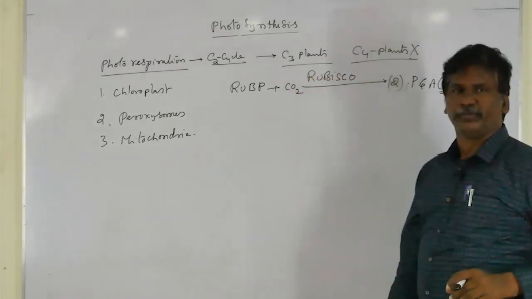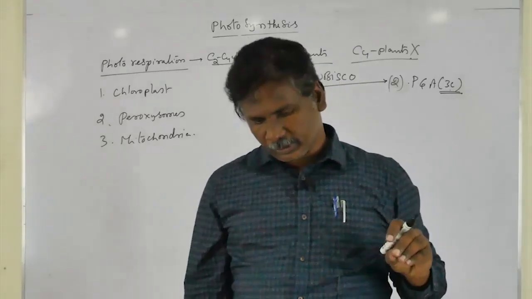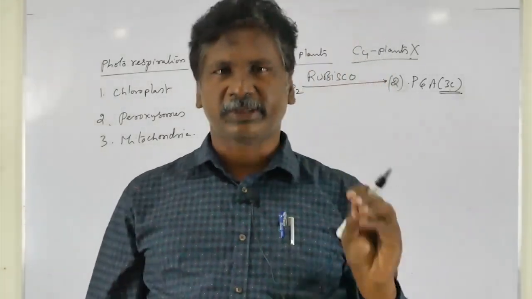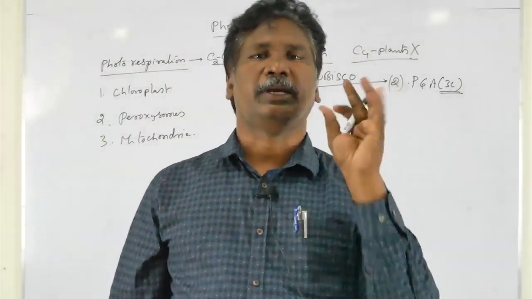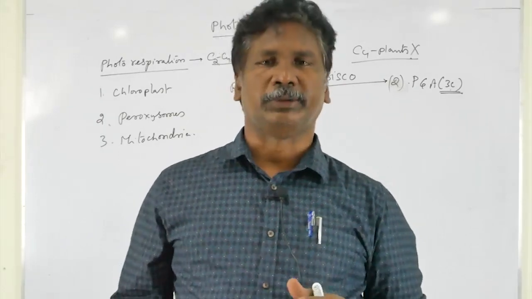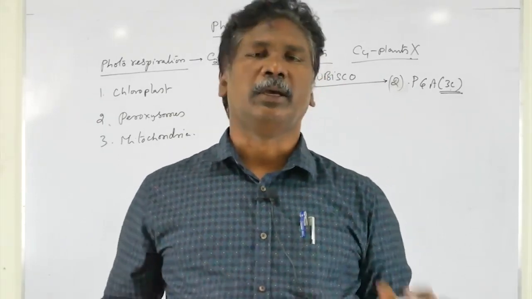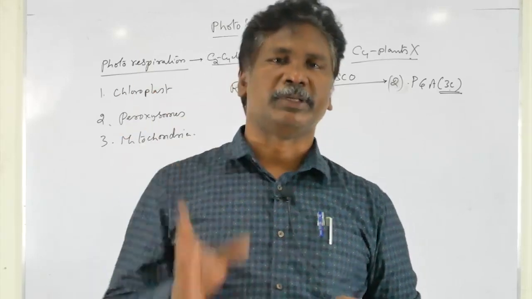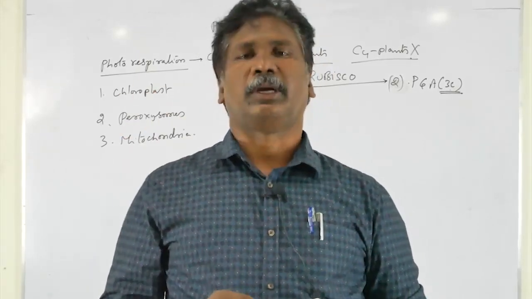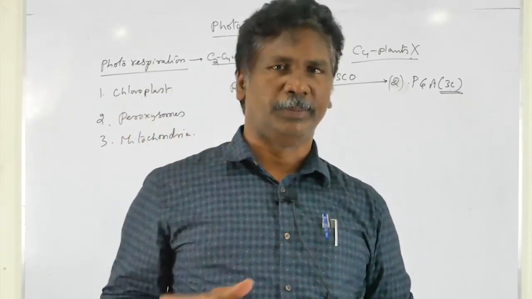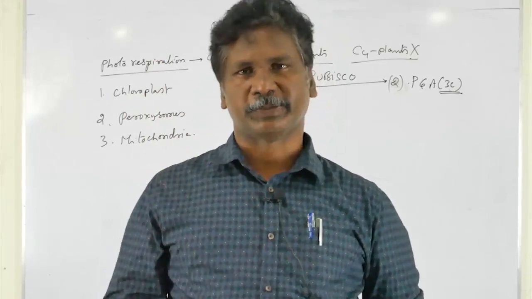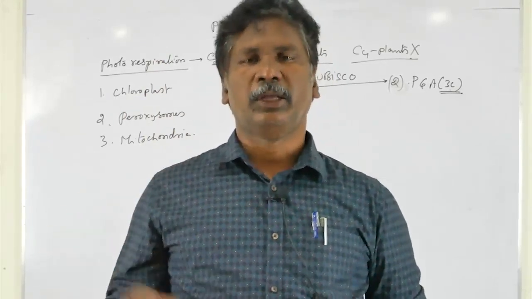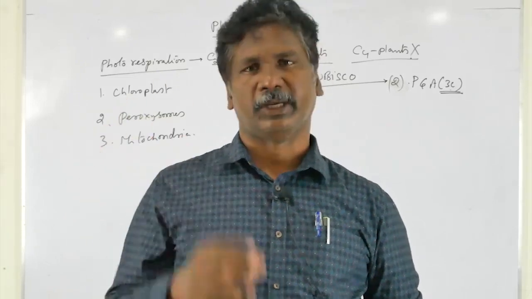So do you know the full form of rubisco? Ribulose bisphosphate carboxylase oxygenase. So it acts as both carboxylase and oxygenase. In normal photosynthesis in C3 plants, the carbon dioxide combines with RuBP, ribulose 1,5-bisphosphate, to form 3-phosphoglyceric acid.